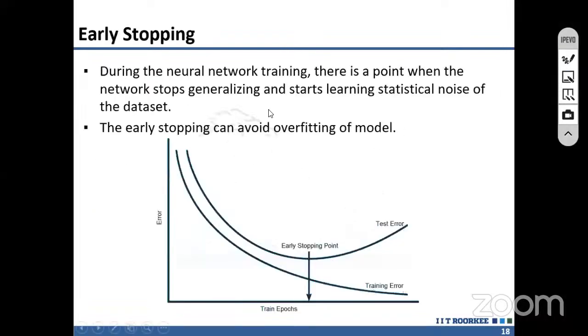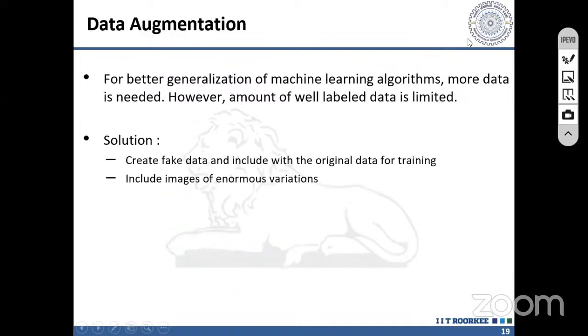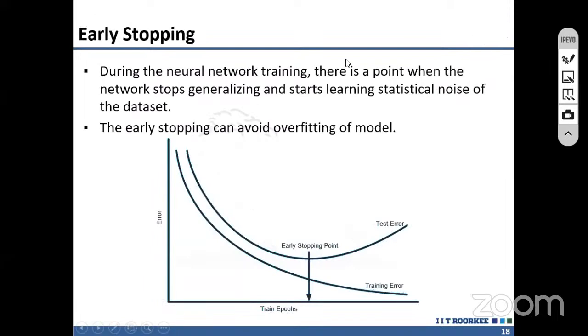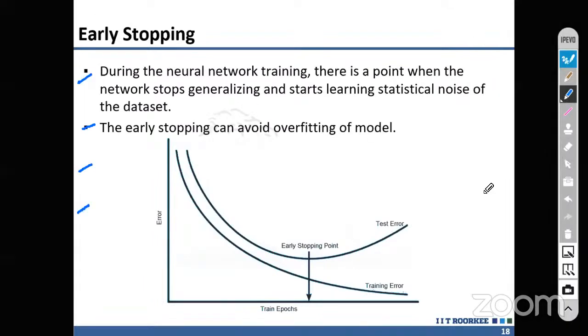Early stopping is very simple, as we have already discussed. When we train this neural network, this is the training error and this is the testing error. We know that the testing error starts shooting up at some point.